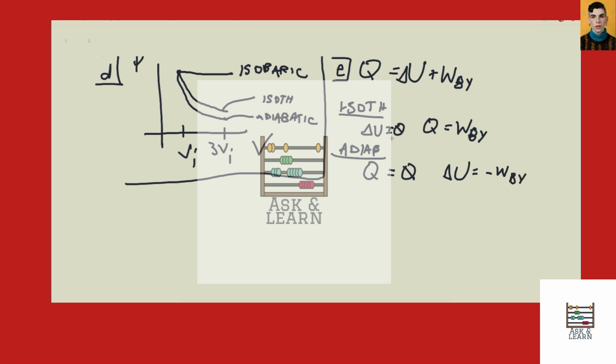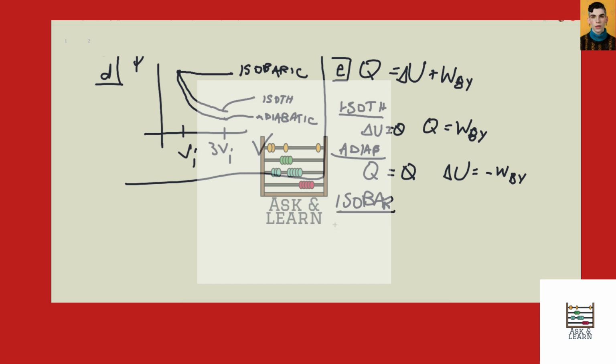Oh yeah, okay. Delta U is negative the work done by the gas. So it's kind of lost energy. Yeah, okay. So it's gone to a lower isotherm, another way to think about it. And then isobaric.